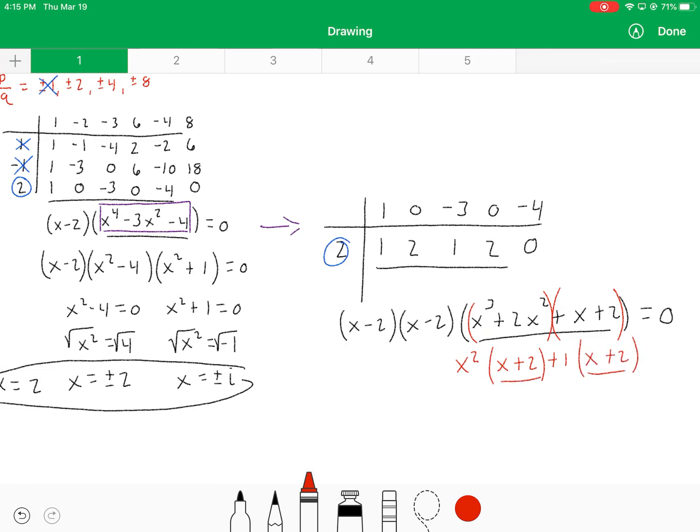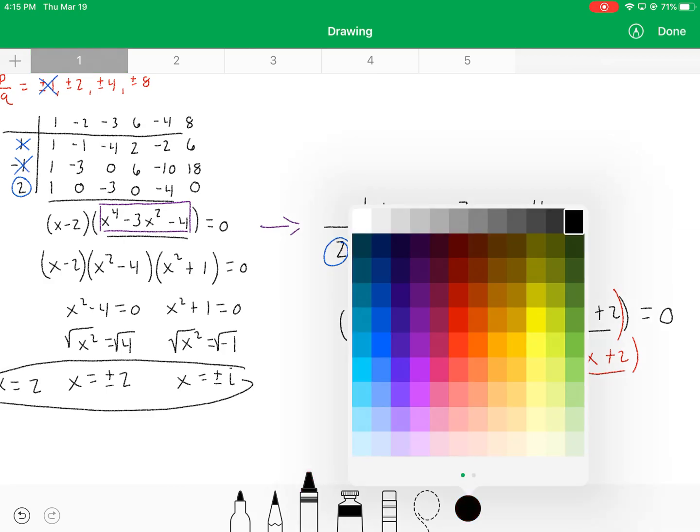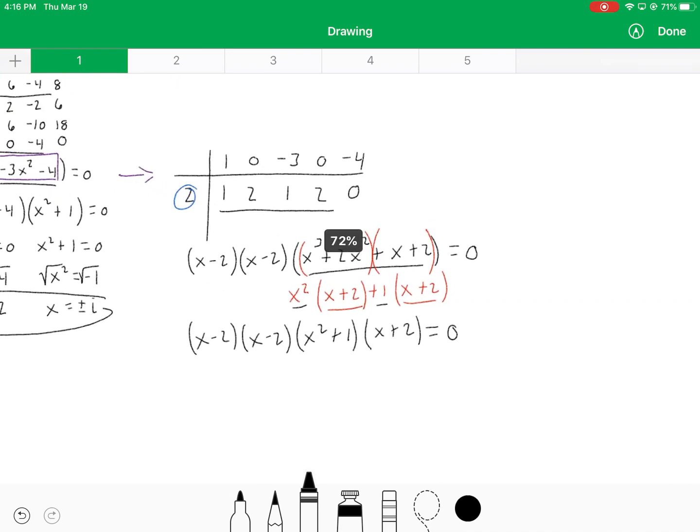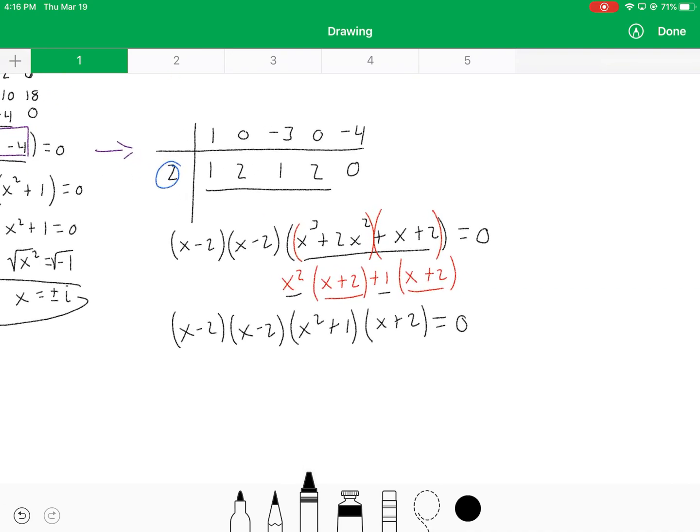And then notice those are identical. So I'm going to carry down the first two x minus 2's. Then these come together to give me x squared plus 1. And the x plus 2 is written one time, as we know in the grouping process. So then we're focusing on both of these.